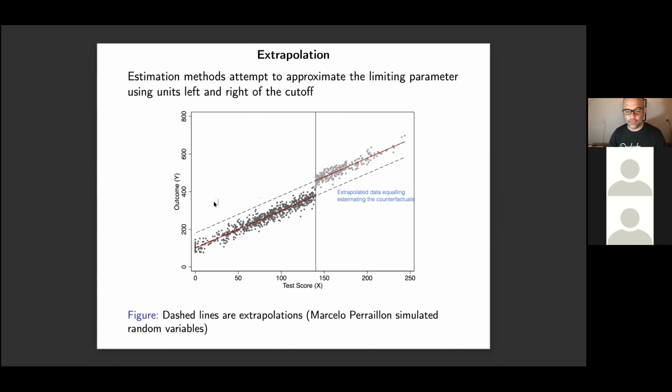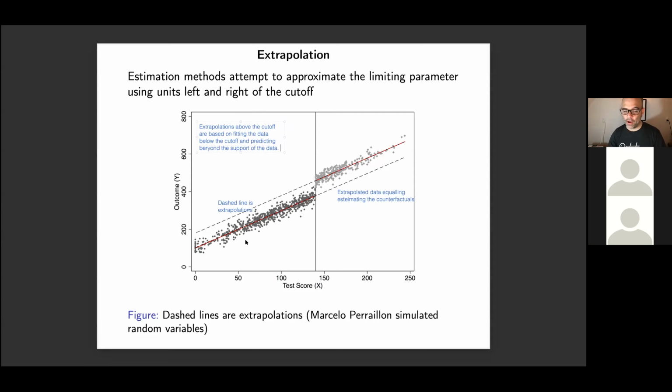Here the dashed line is extrapolated. But look at what we're doing. Where do the extrapolations come from? Extrapolations above the cutoff are based on fitting the data below the cutoff and predicting beyond the support of the data.